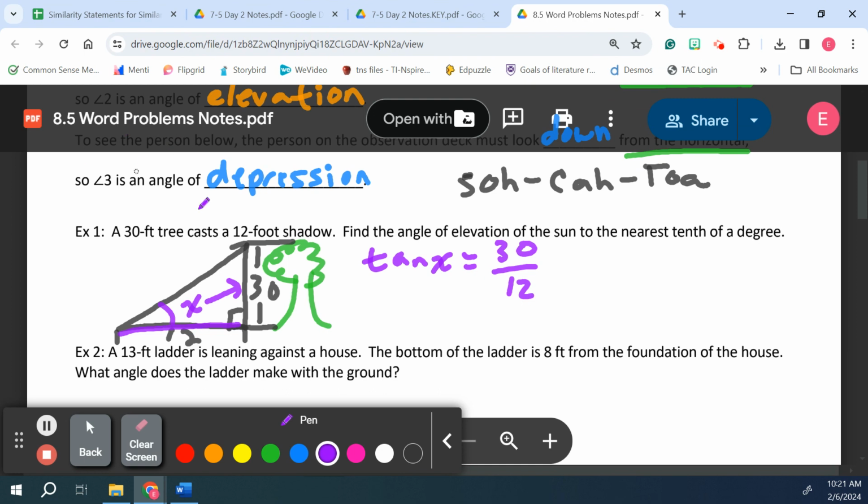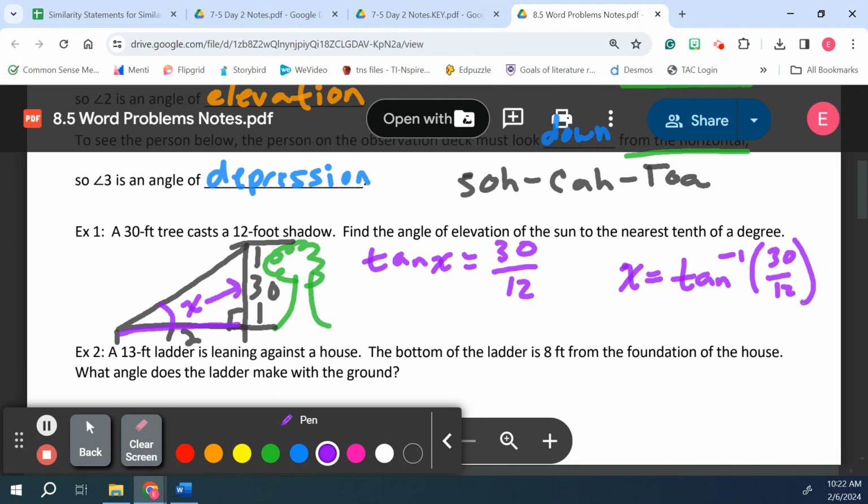Now remember, we're finding an angle measure, so what do we do here? That's from yesterday. What do we put in our calculators for that? Do we just use the regular tangent, or do we use the inverse, the -1? The -1. So x is equal to the tangent of -1, 30/12.